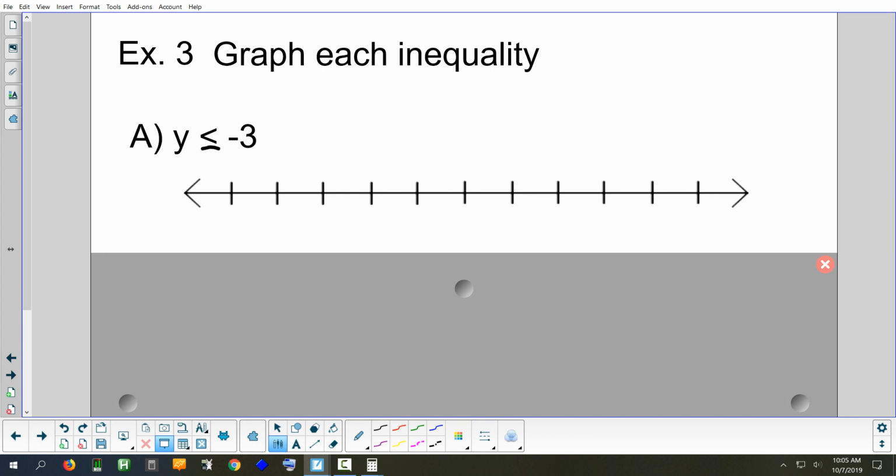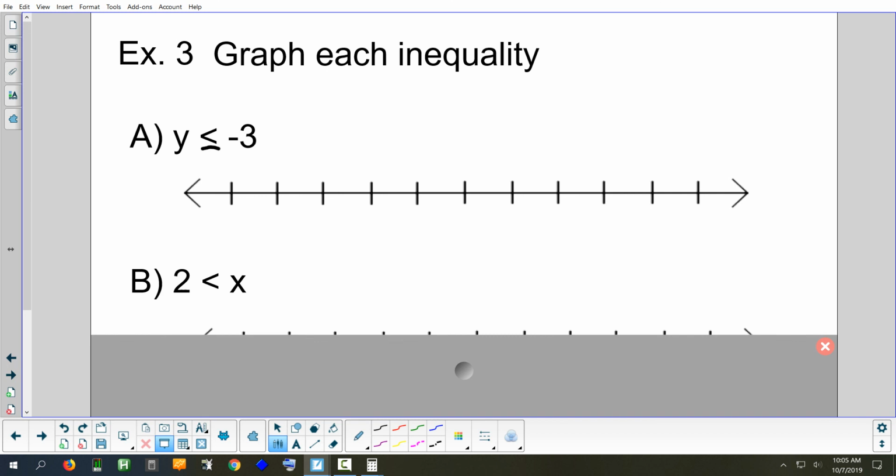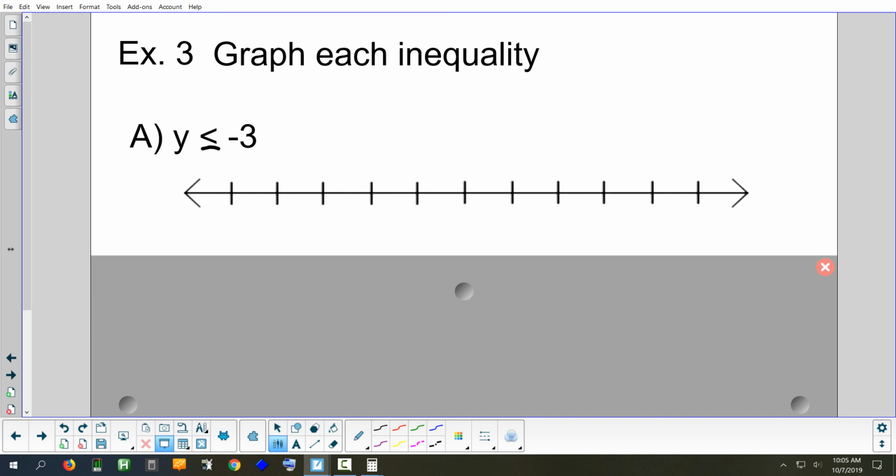The first thing I ask myself when I see that is, is it set up the way the guided notes said to do it? Yes, it is: letter, symbol, number. Perfect. We're going to do one in a second that's not. Now, sometimes you have to number your own number line. There's lots of ways you can do it.